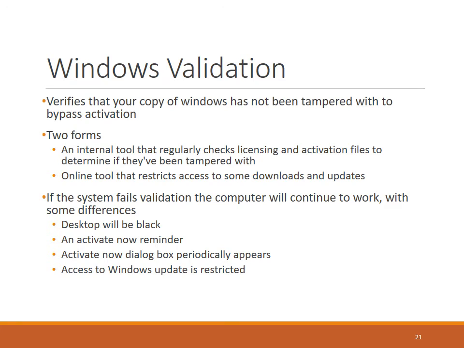Because it generates a unique hardware signature, the activation is going to re-trigger if it detects that your hardware has drastically changed. There are two ways that it verifies your system is valid. The first is an internal tool that regularly checks licensing and activation files to determine if they've been tampered with. That's that certificate that we were talking about in the previous slide.